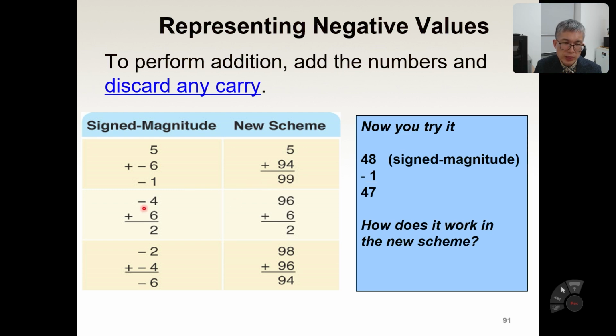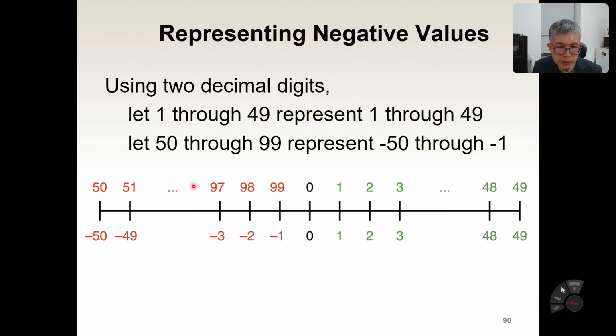Similarly, minus 4 plus 6: the positive 6 has greater magnitude than 4, right? So minus 4 is 96, right? So 96 is minus 4.